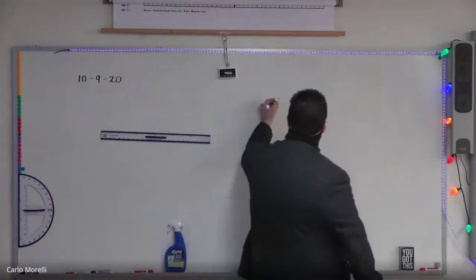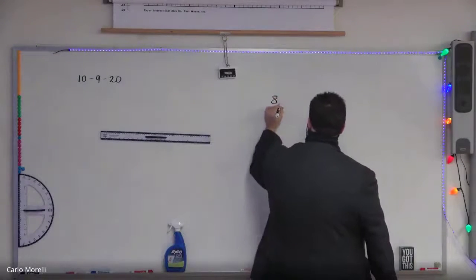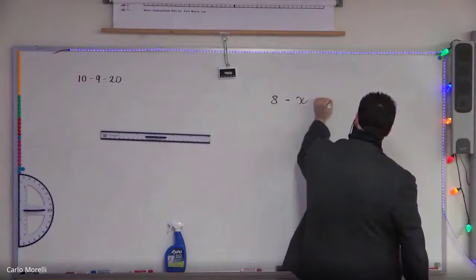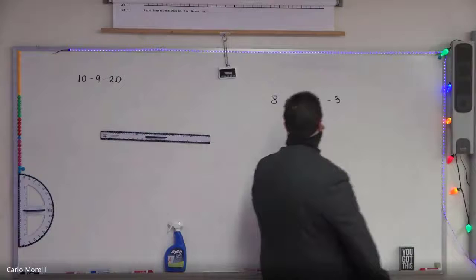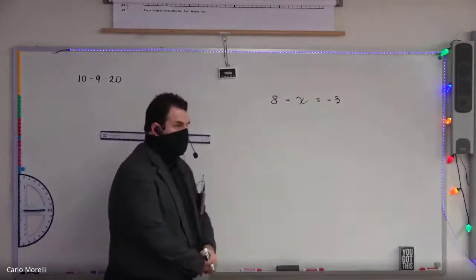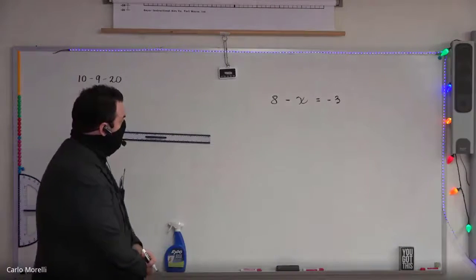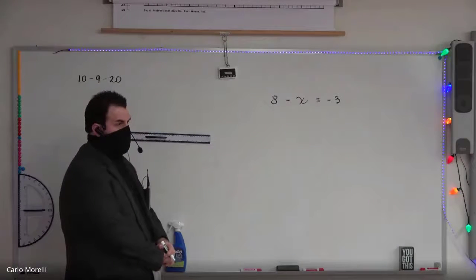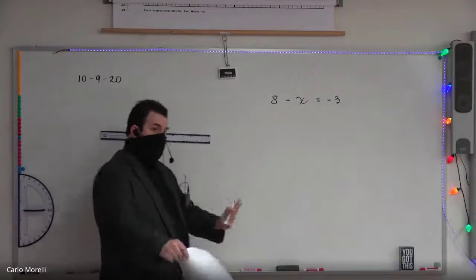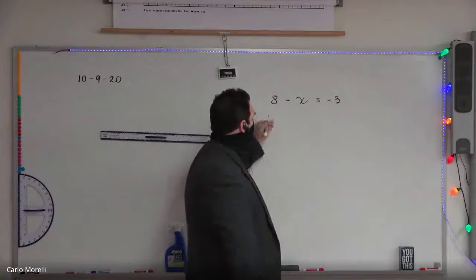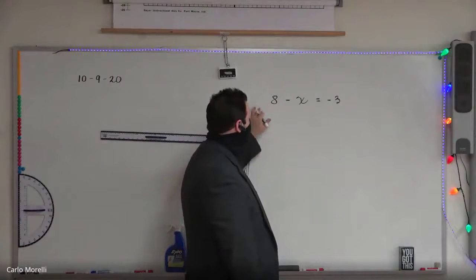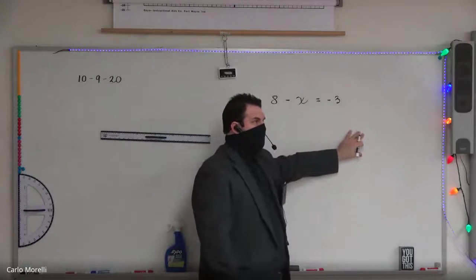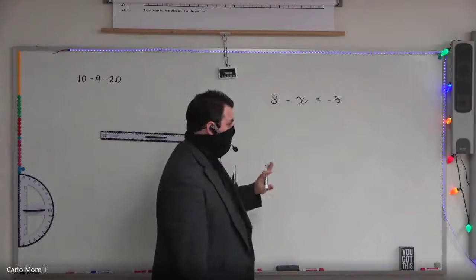Okay, here's another one that has been confusing some folks. So now think about it this way. Instead of saying, okay, I subtract 8 on both sides and then divide everything by -1, just think about this for a minute.